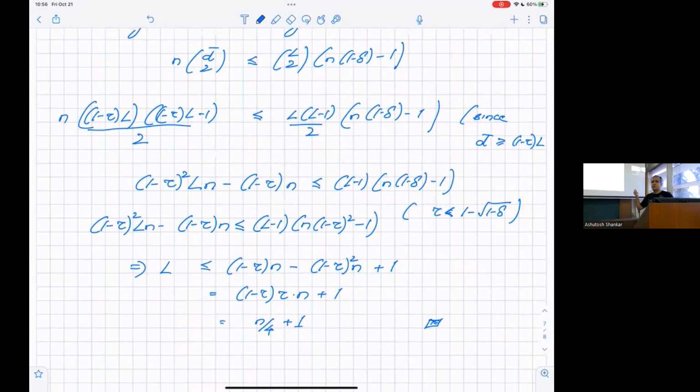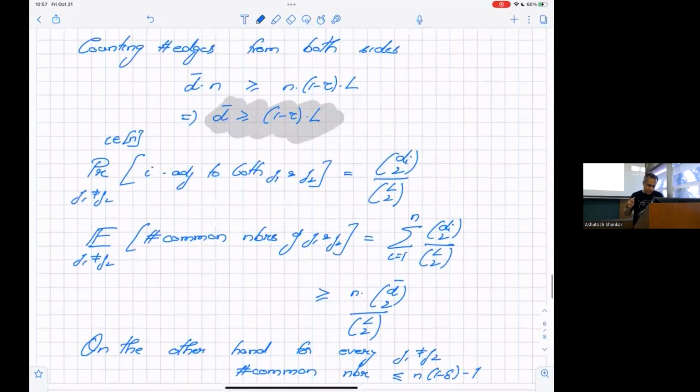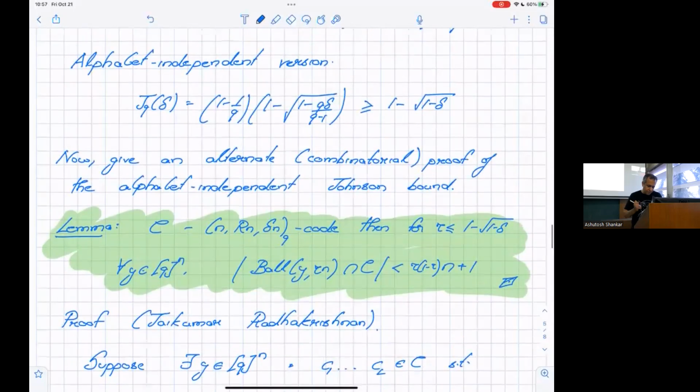So the book, Guruswami, Rudra, Sudan, does it for the case q equals 2. You can go and extend it further, you can get it for arbitrary q also. The same proof will do it, but for q equals 2, it will take this proof and actually get J2 delta instead of what I put, J delta. This quantity is usually called J delta. This is the alphabet independent.